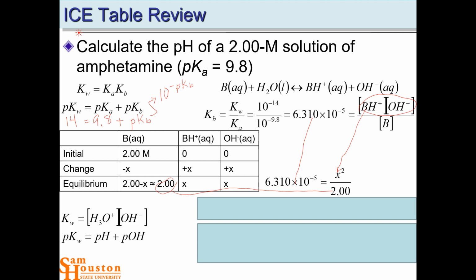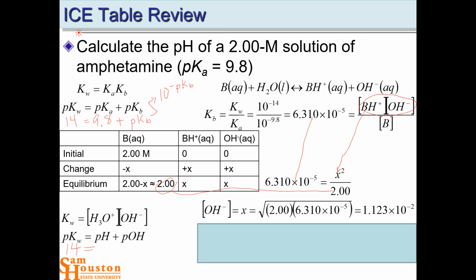Now we're asked in the problem to calculate the pH, but we're doing a basic reaction, so we're going to actually get the concentration of hydroxide. And if we take the minus log of that hydroxide concentration, we get the pOH. Well, the pKw is equal to the pH plus the pOH, and this is 14. And so the pH and pOH add together to equal 14.